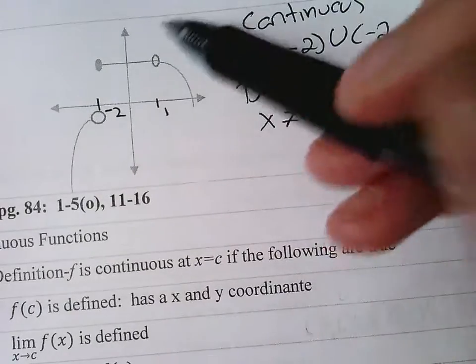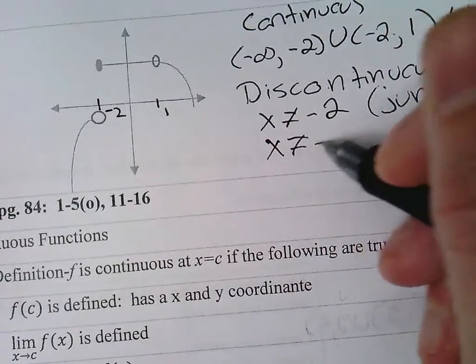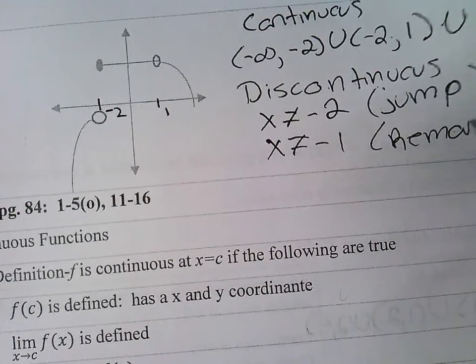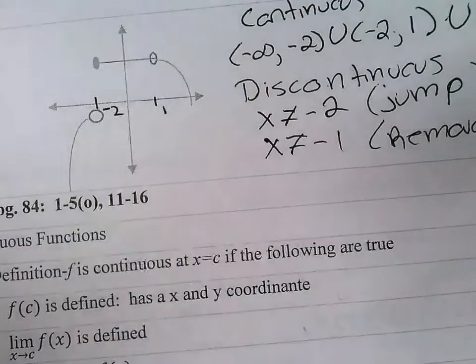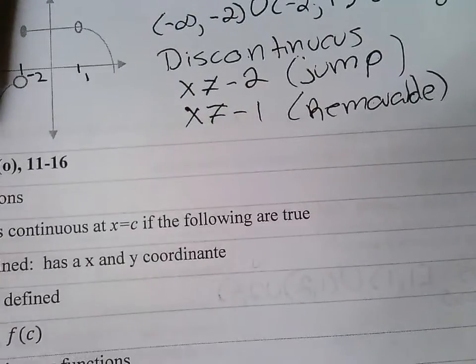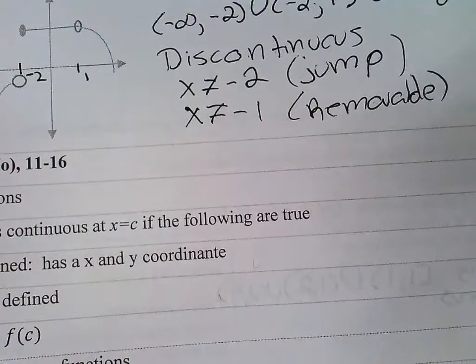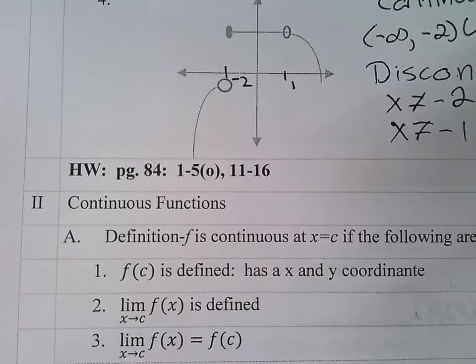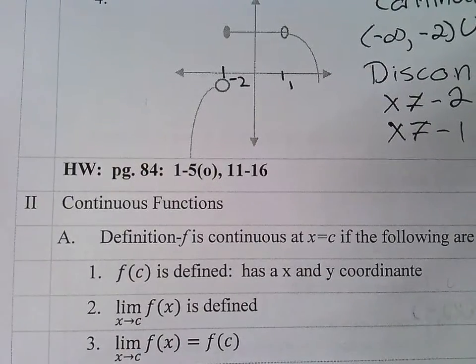And then x can equal negative 1. That's going to be a removable discontinuity, or a hole. So that's how you determine whether a function is continuous or discontinuous.